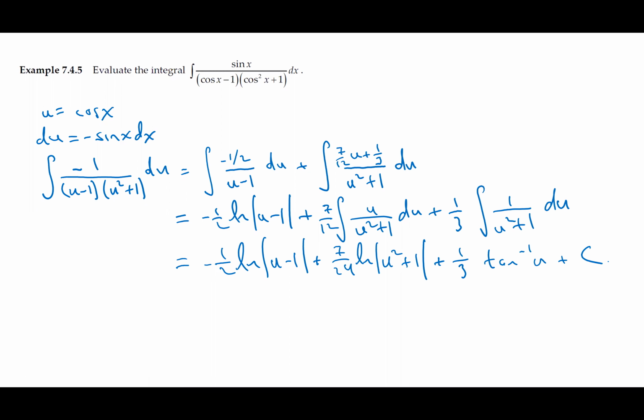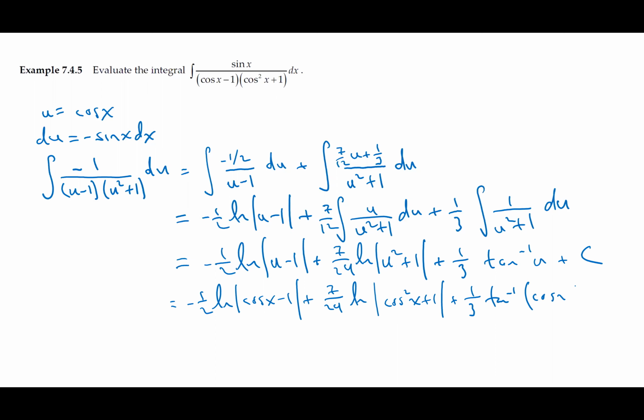And now we're ready to go back and replace our u's. So cosine x minus 1, plus 1/3, plus a constant.